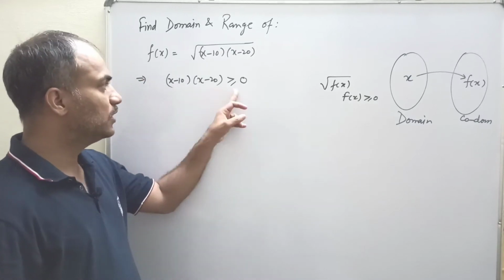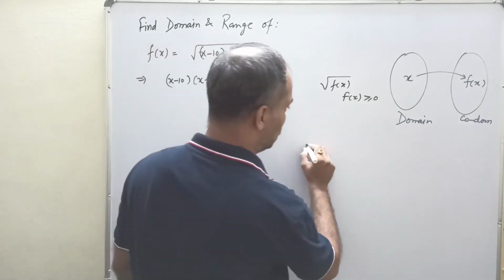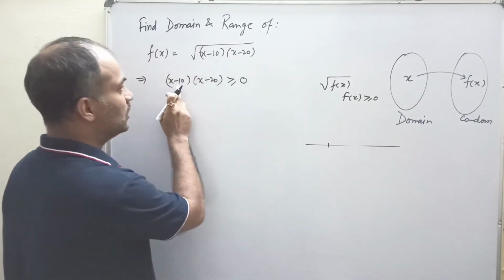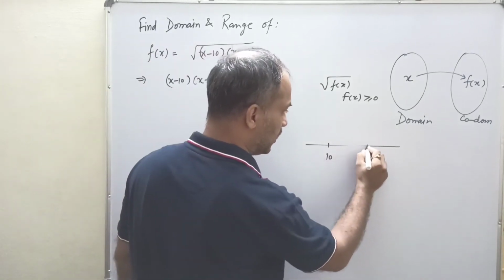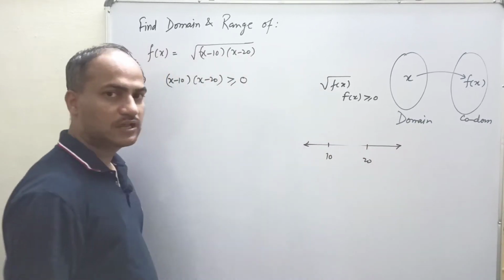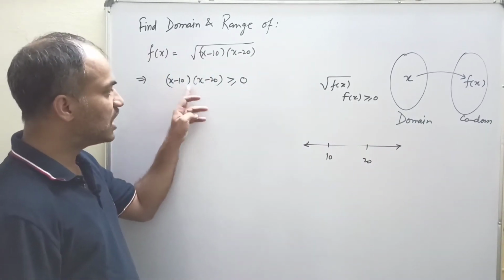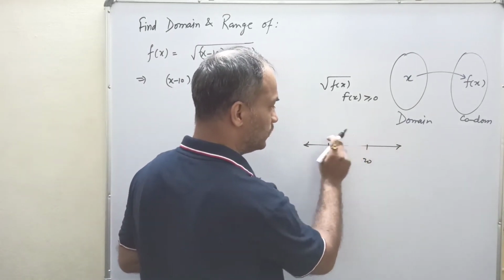You can see over there how to solve this inequality. There will be regions, the points are x equal to 10 and 20. These are two critical points, 10 and 20. When we divide this entire real line or the number line, we see that it divides the number line into three parts, 1, 2 and 3.